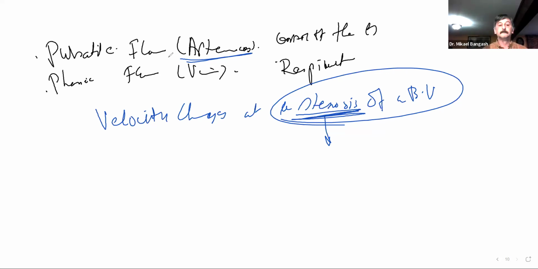But mainly to overcome some of those changes in the velocity, there will be some loss of energy, which is what we call inertial loss.